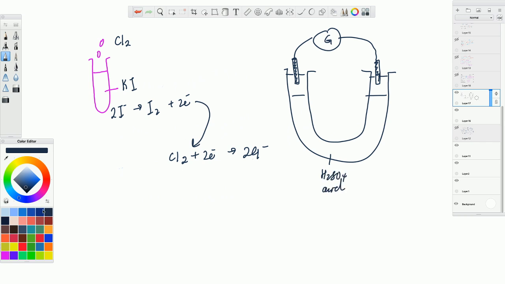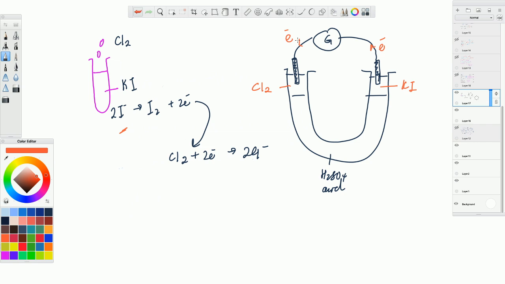So over here you put chlorine water, over here you put potassium iodide. So you already know iodide inside the potassium iodide is the one that's going to release electron. So this is also called electron transfer.